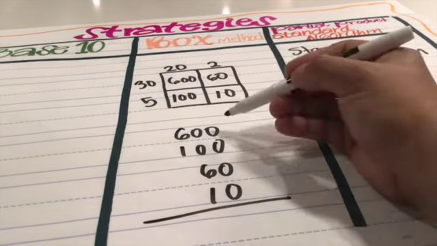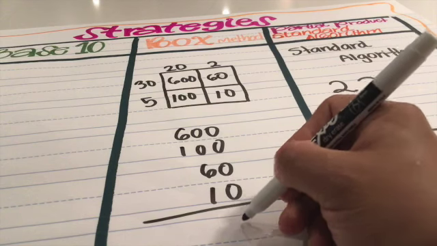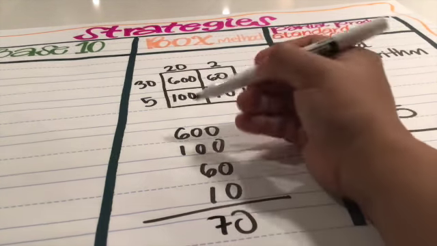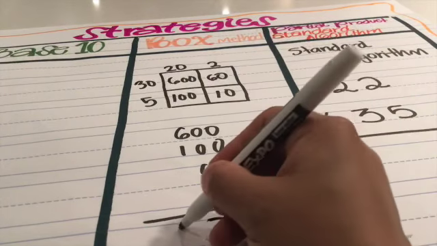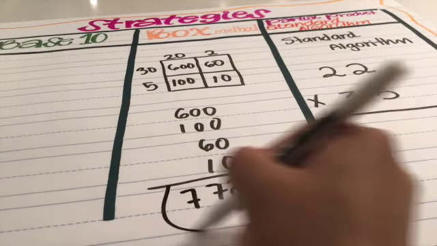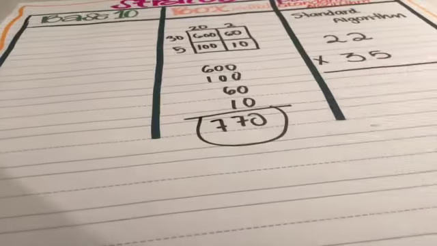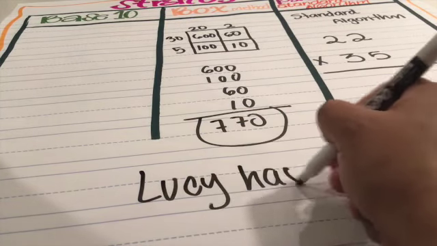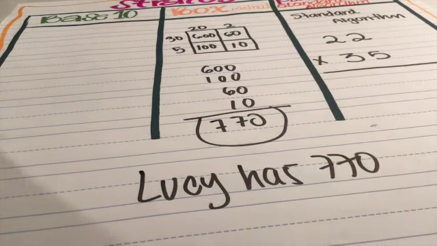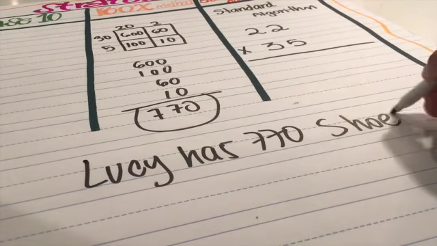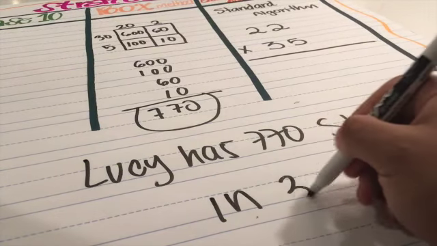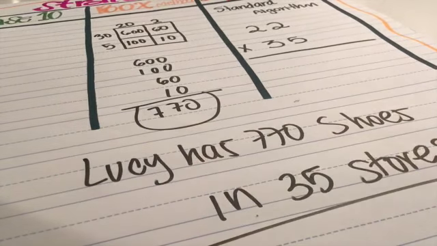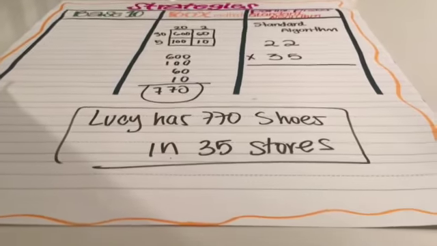In the units we have 0. 60 plus 10 is equal to 70, and 600 plus 100 is equal to 700. Okay, so our final value is 770, and the answer would be that Lucy has 770 pairs of shoes in 35 stores, and that will be the solution to our problem.